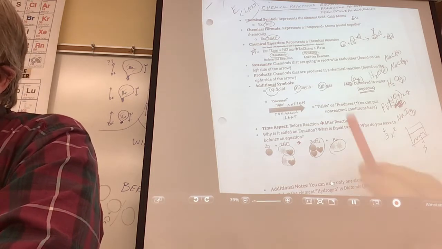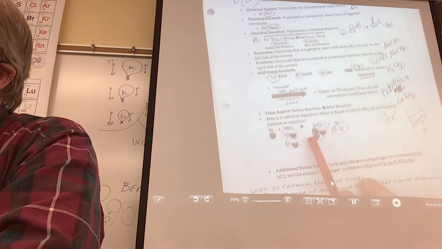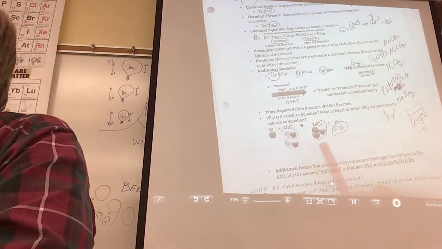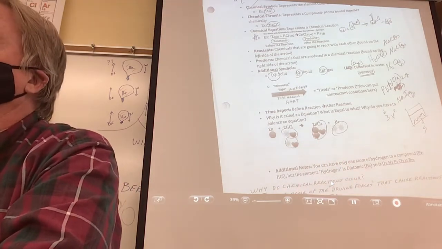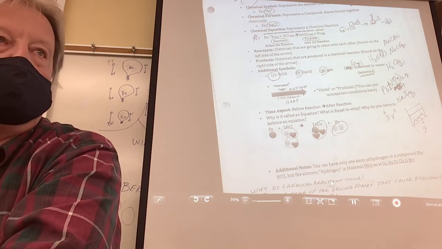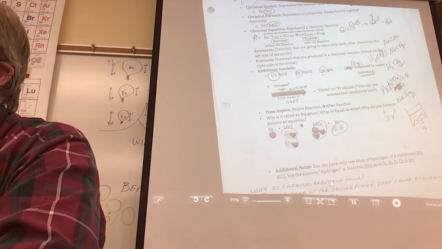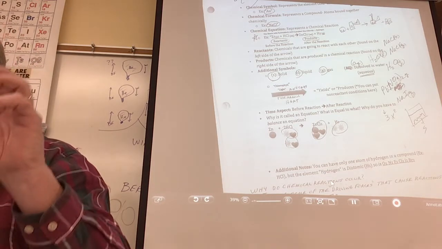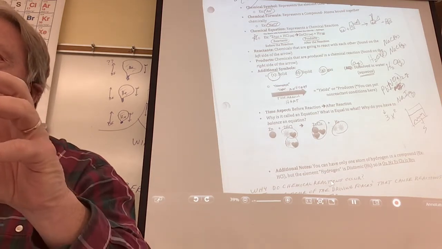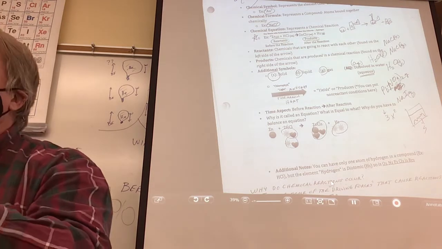Okay. Next, so the arrow means yields or produces or makes, forms. Everybody get that? So when we're trying to change from English into cheminese, that's what you might say. You say, well, I saw this plus this, and it formed this, and that means arrow.